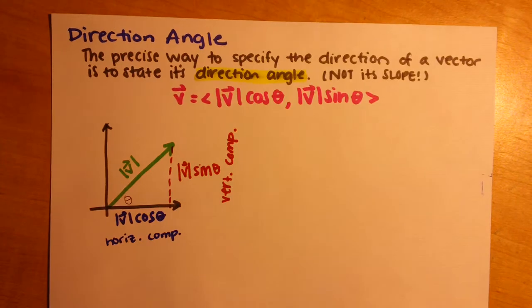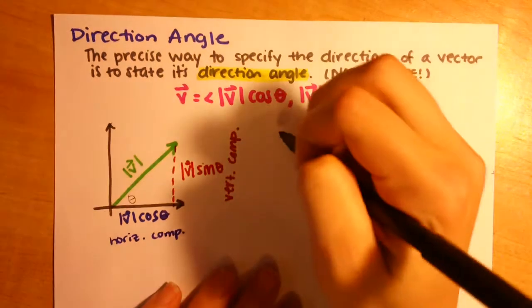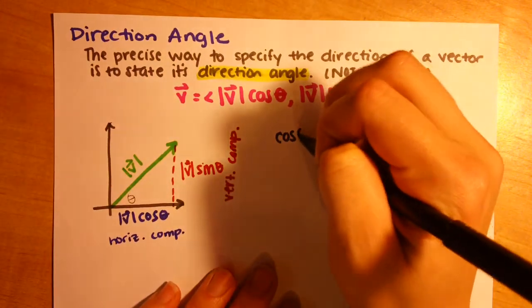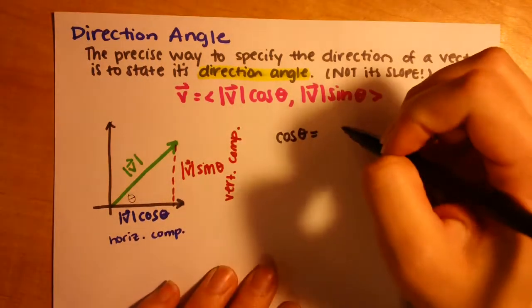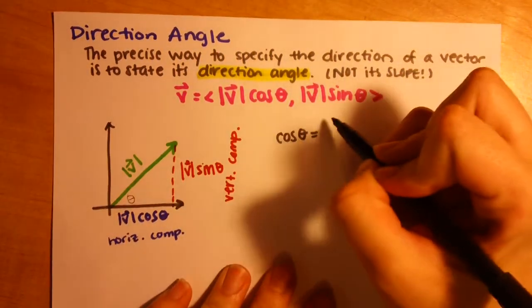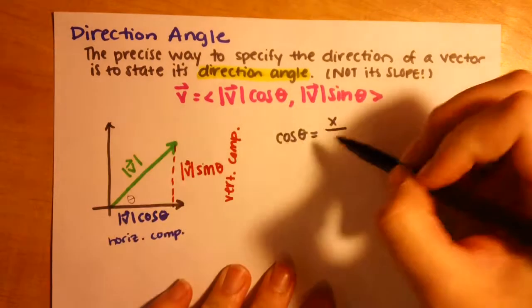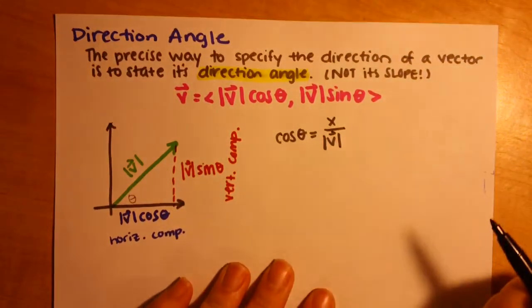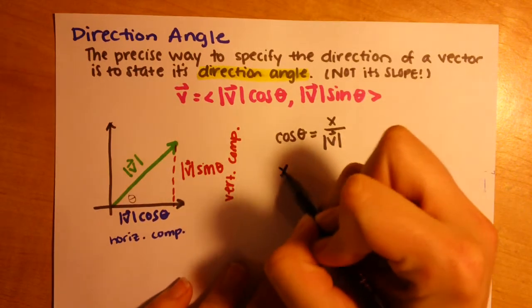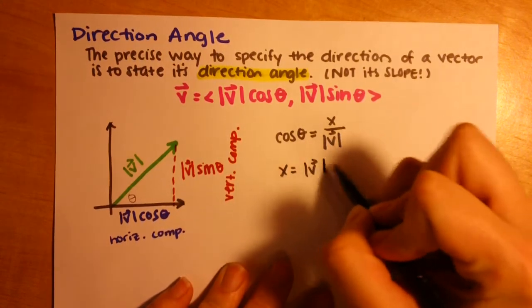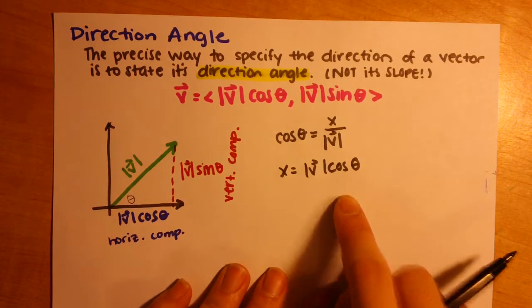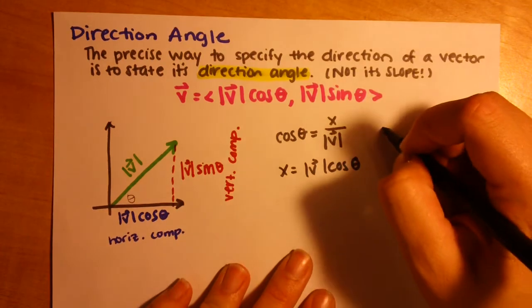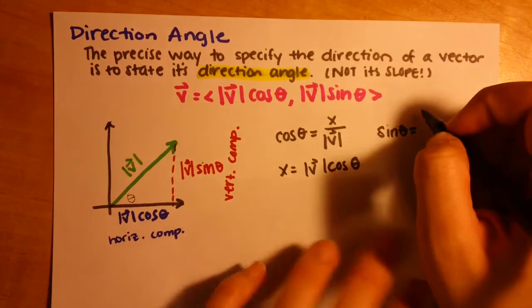So we know that cosine of theta is adjacent over hypotenuse. Our adjacent is our x direction over our hypotenuse, the magnitude of v. So we multiply over, and x is the magnitude of our vector times cosine of theta. Now sine of theta is going to be our y.